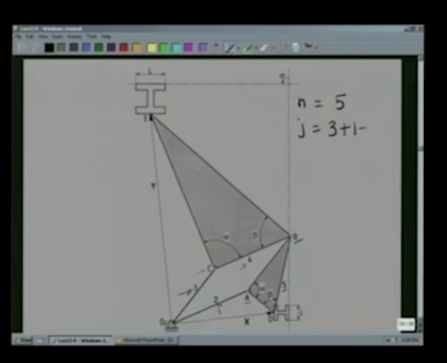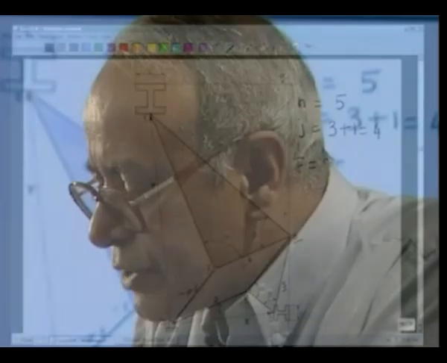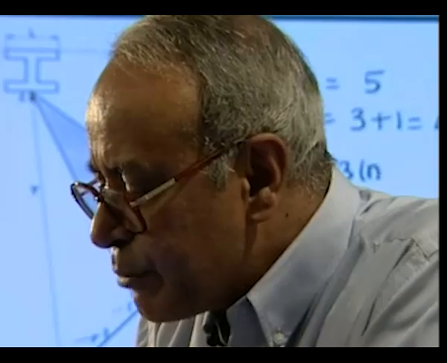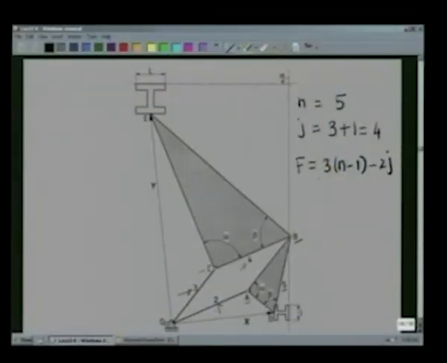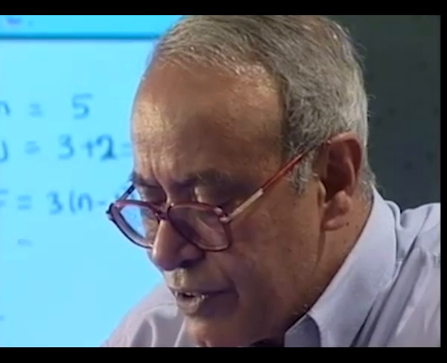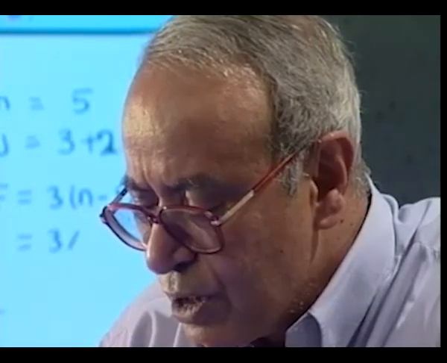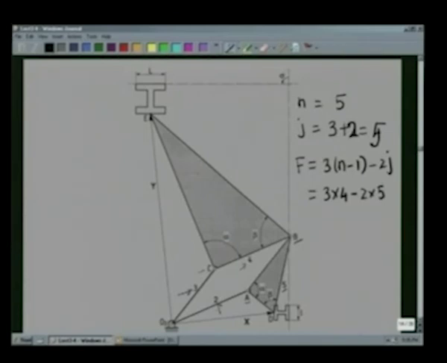So, we get J equal to 4. So, if we calculate the degree of freedom F, which we have seen is 3 times (n minus 1) minus 2J. Sorry, I made a mistake here, J2 is 1, but it should be 2 J2. So, this should be counted as 2 into 1, that is 2, and J is 5. So, F is 3 into 4 minus 2 into 5, which is 2.